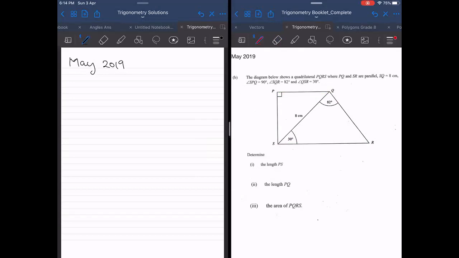Okay, so they're asking us to find the length of PS, right? And I'm realizing that PS is in the right angle triangle. All right, so we know that this is 8 centimeters. So we say, okay, how is this supposed to happen?